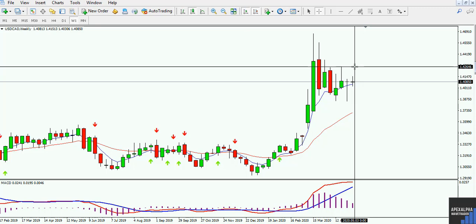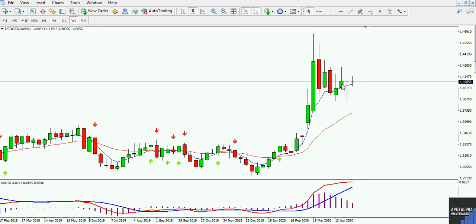I would actually take here because there's a hammer there. Right now we are forming two spinning tops back to back, so that means that there's a lot of indecision. But this is a fourth wave, and fourth waves generally are what you would call trendless. It's just a sideways moving market.